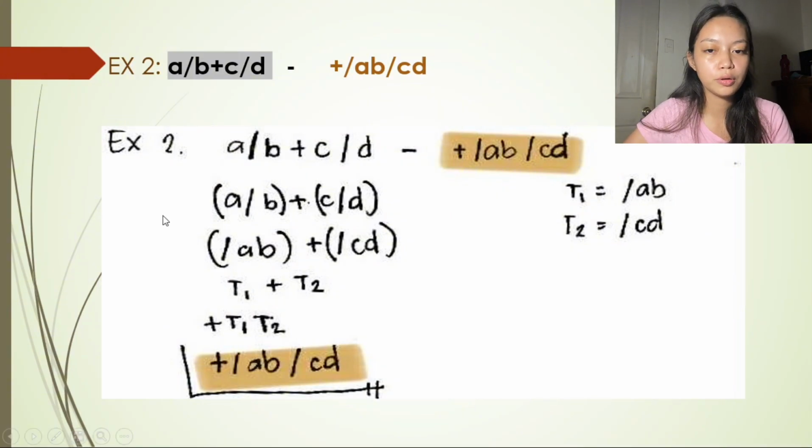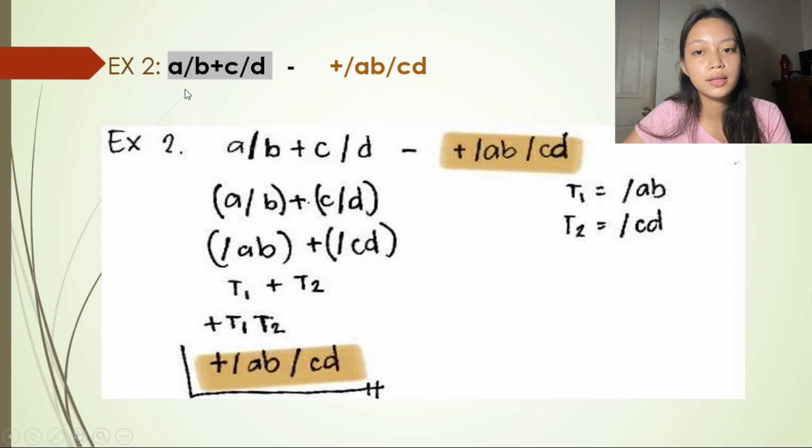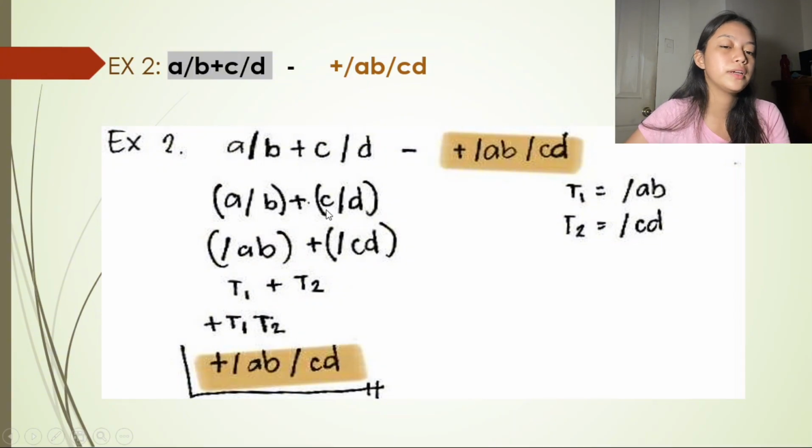Gi-group na nato ang divide, kay since ang division is ang higher priority kaysa sa plus or sa addition, so ato sang i-group ang kaniya. Pag man ang group A divided by B gisud og parenthesis and then plus ang C divided by D gisud pod og parenthesis. So ikahuman same process, ipagawa si division and then ipagawa si division.